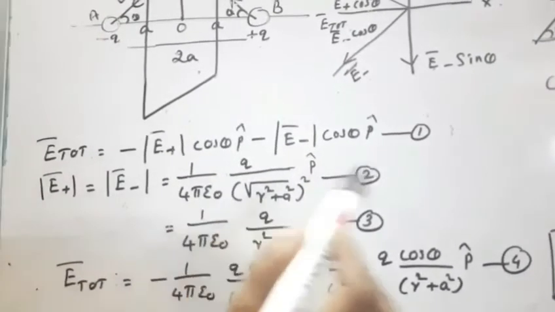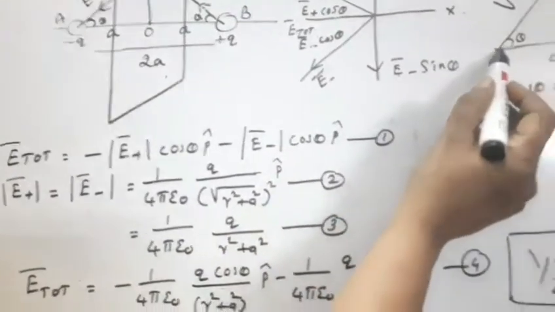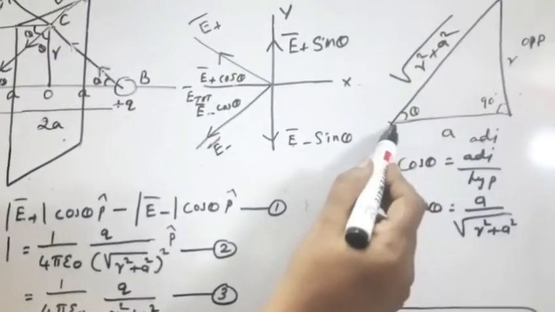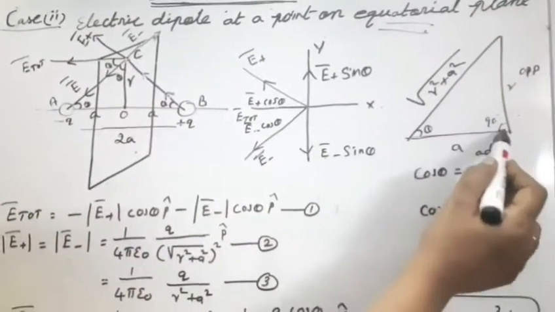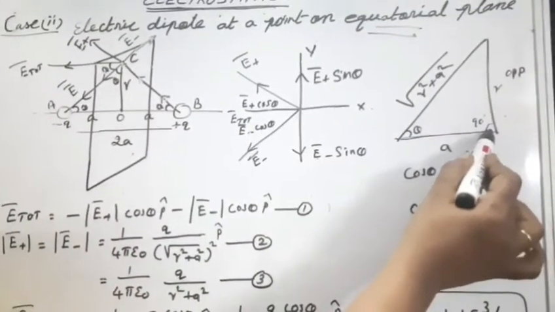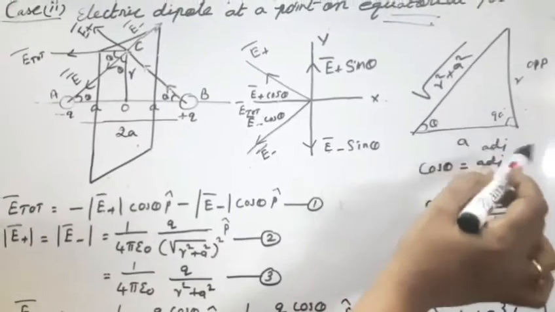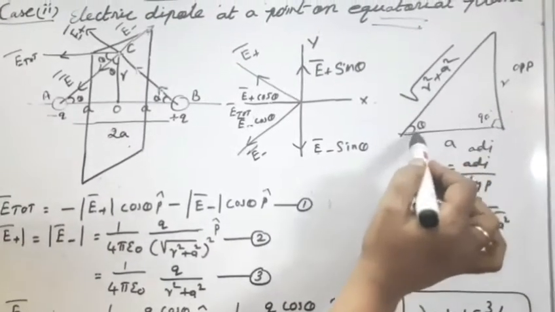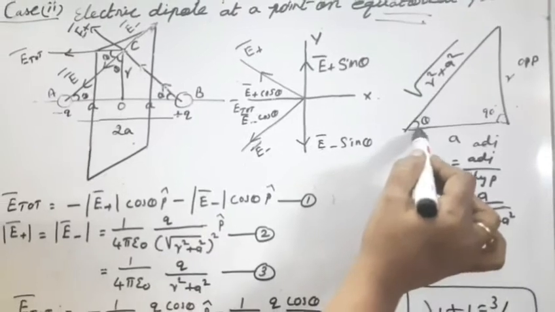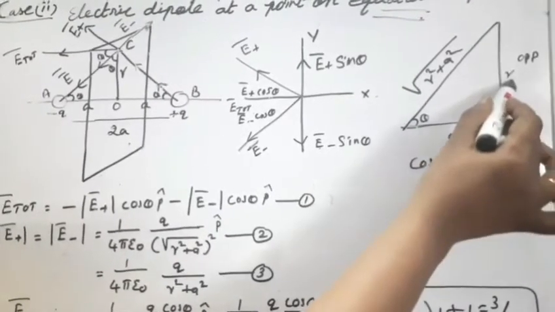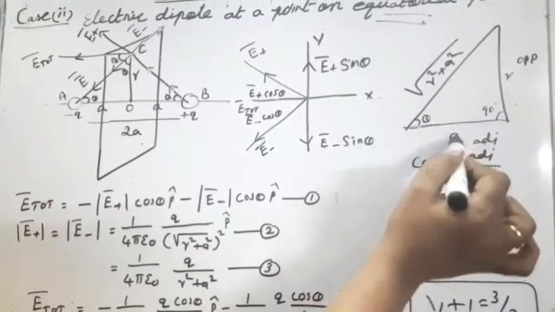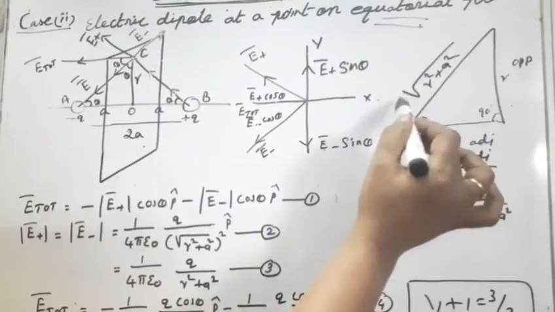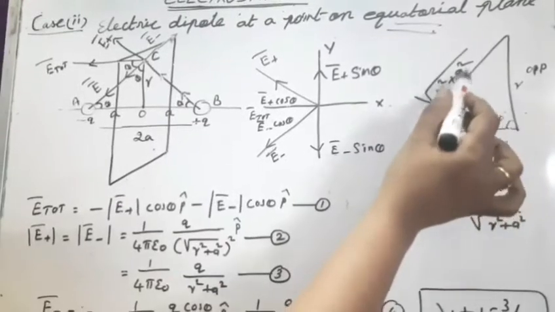For this r square value, now I draw a separate diagram here. This is known as the right angle triangle. Therefore this angle is 90 degree, the opposite side is theta, and this is side a and this is r, so according to the Pythagoras relation, the hypotenuse is root of a square plus r square.